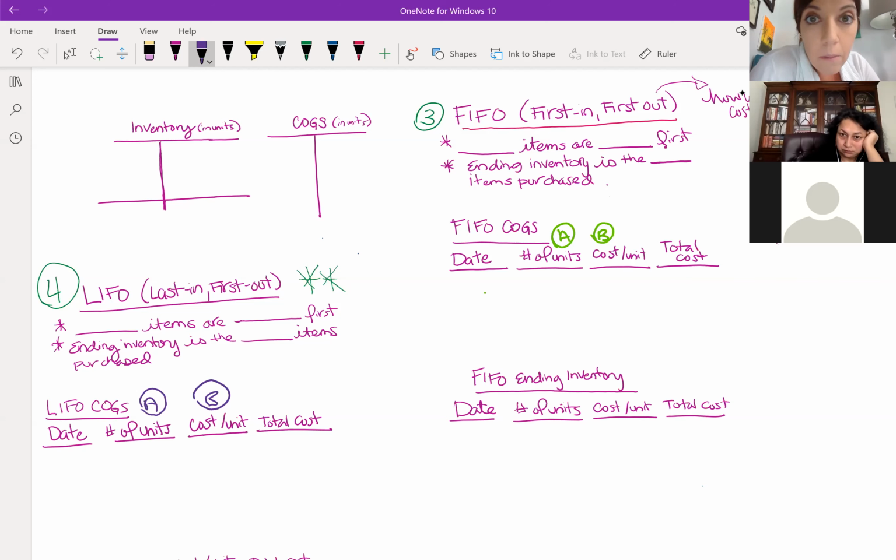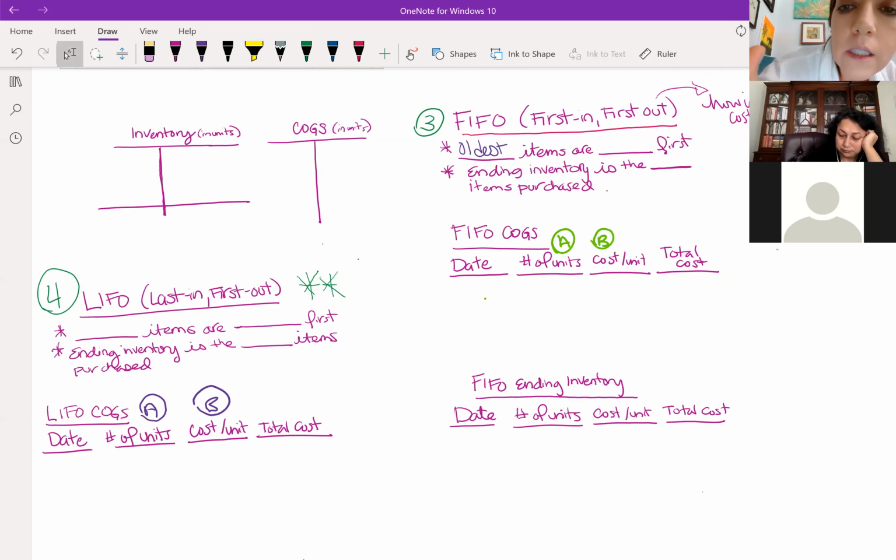It doesn't matter, but from an accounting perspective, we are going to expense the oldest items first as cost of goods sold. So the oldest items are expensed first.